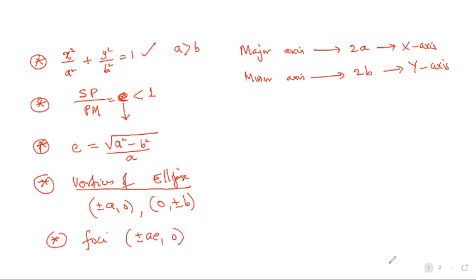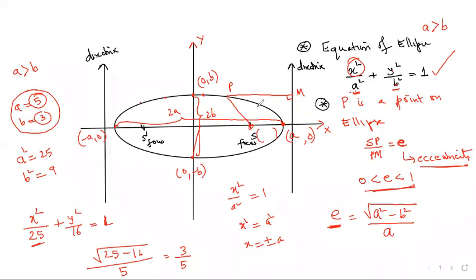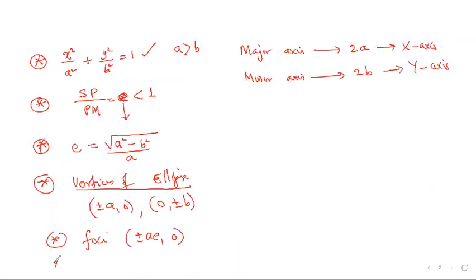That means one focus will be AE comma 0, and another focus will be minus AE comma 0. And the directrix is x equal to A by E, and here x equal to minus A by E. You have to mug up all this. The equation of the directrix is x equal to plus or minus A by E.